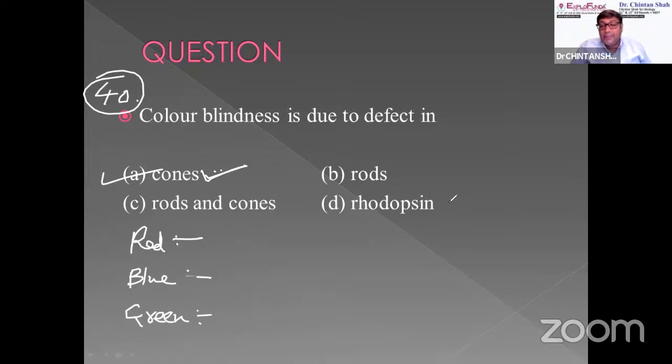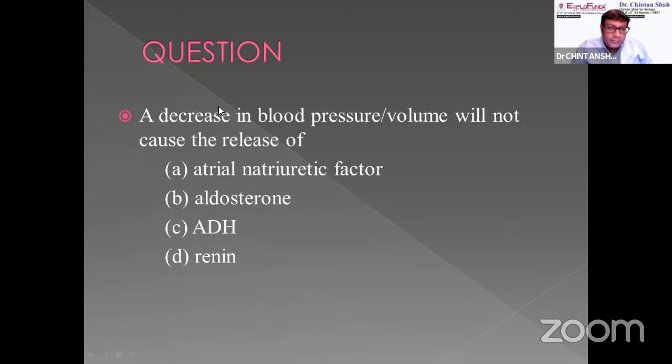Rhodopsin is a purple pigment, like that about the rod cells. So please write down the names of all three: erythrolabe, cyanolabe, and chlorolabe. Let's go further.